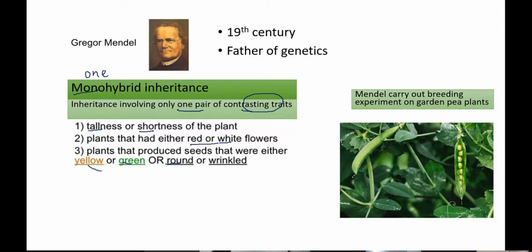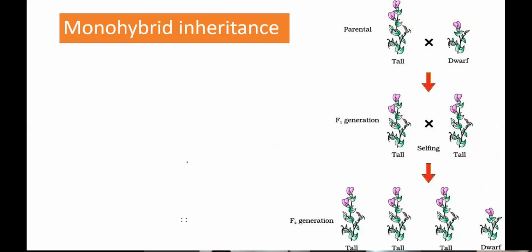How did Mendel do his experiments? Yeah, this is the picture that shows monohybrid inheritance. This is the parental generation, symbolized by P. The traits are tall and dwarf. So the F1 is the first generation from the parents. It can be tall and tall.